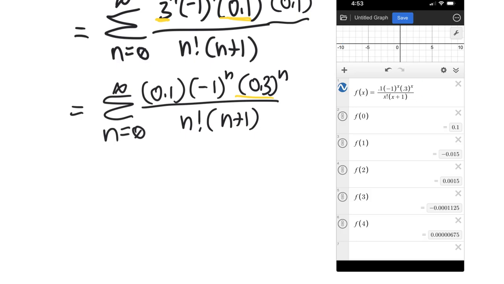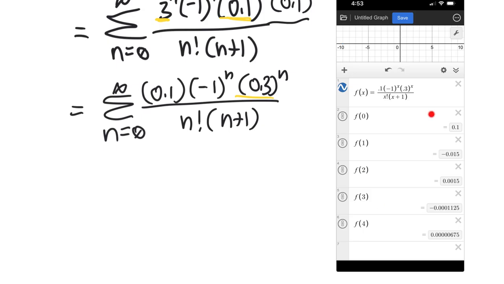Now, I want to be very clear though, I replaced all the n's with x just for the sake of entering it into Desmos. In Desmos, I chose to use a function f of x equals this thing, because I knew that on the next line, I could just say f of 0, f of 1, f of 2, and so on.